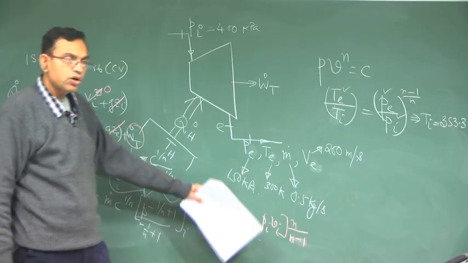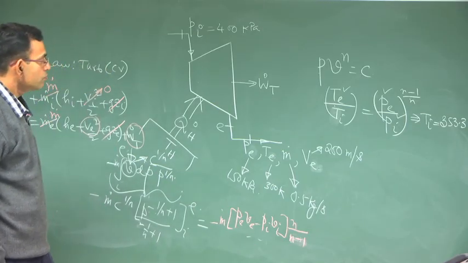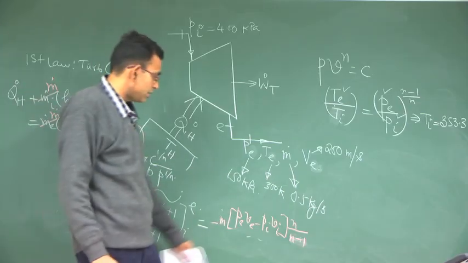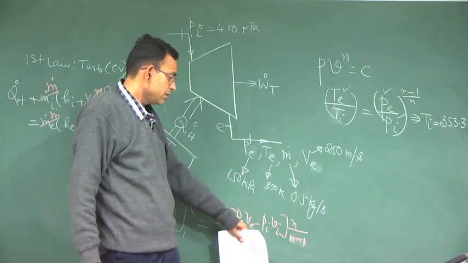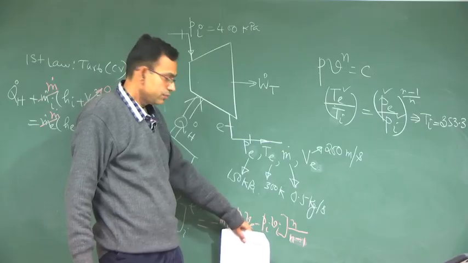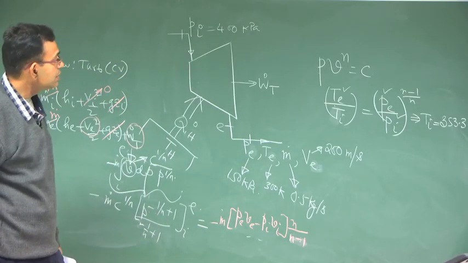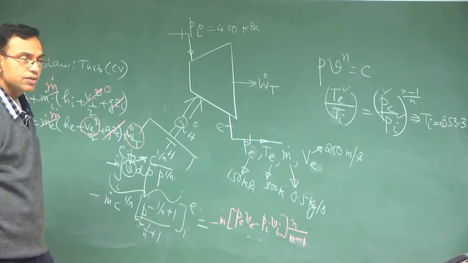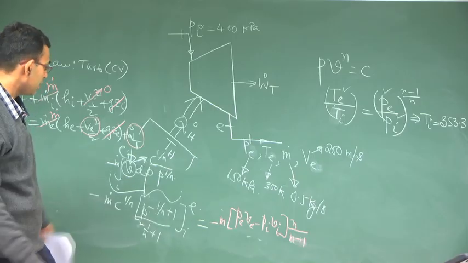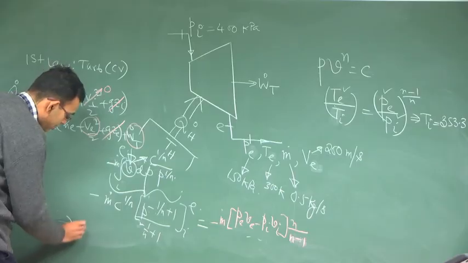So this is the work done. You can substitute all the values. The specific volume you can calculate by using PV is equal to RT, okay. Then because this is air which you can approximate as ideal gas, from here you can calculate what is the rate of heat transfer.